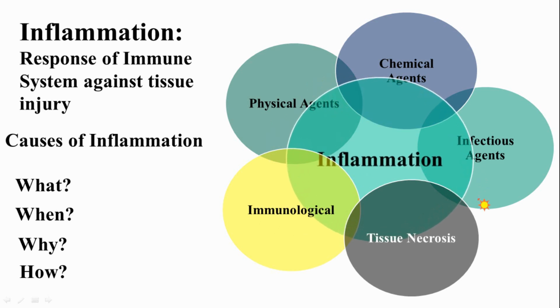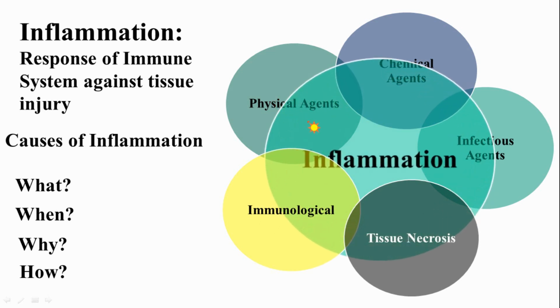Inflammation can be because of physical agents, chemical agents, infectious agents, tissue necrosis, and certain immunological reactions such as autoimmunity and the complement system can also lead to the inflammatory response.